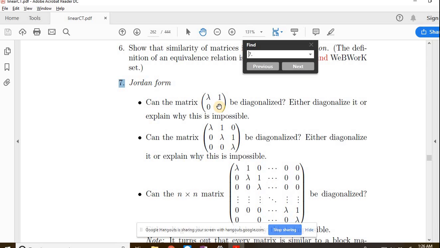When we were working on this one in class last week, we figured out that lambda was just lambda. Yeah, it turns out that lambda is the eigenvalue, yes.